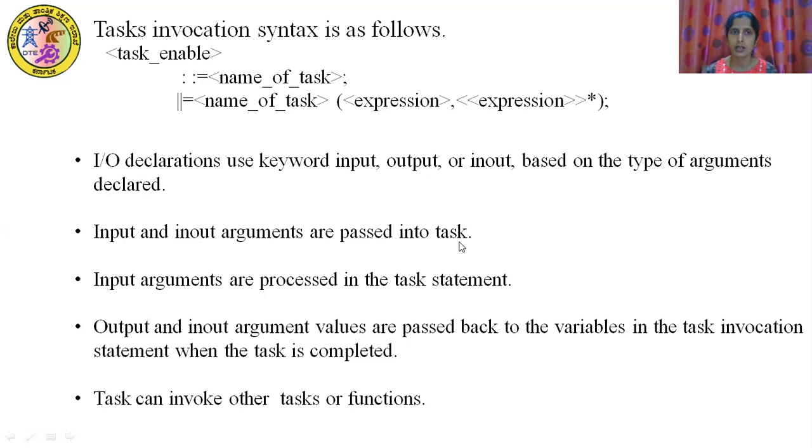Means when we pass in an invocation statement, the input and inout arguments are passed on to the actual task. Then the input arguments are processed in the task statement. Output and inout argument values are passed back to the variables in the task invocation statement when the task is complete. Means after passing the input arguments, which are processed, the results or the values are passed back to the variables in the task invocation statement.